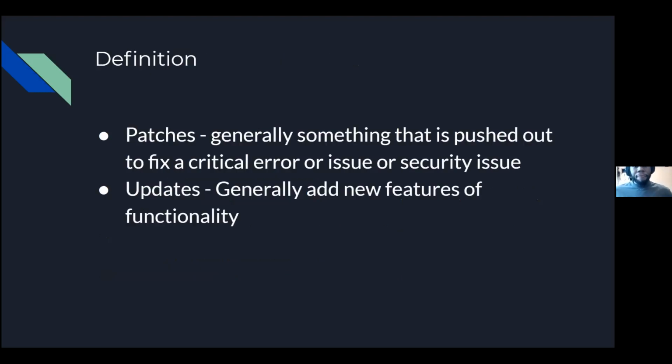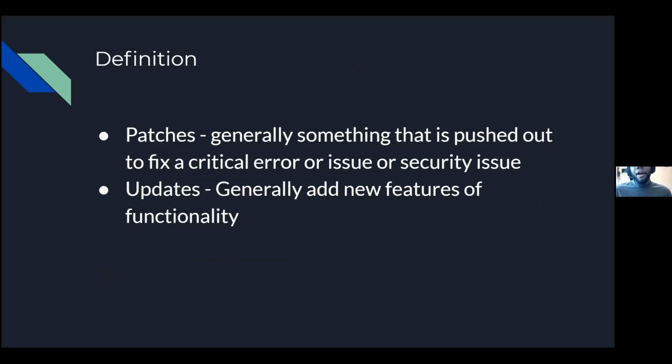And then, going into some definitions. We talked a lot today about updating and patching on Windows machines, but if you want to get into the details to know the difference between the two: patches are generally pushed out to fix critical errors or security issues.